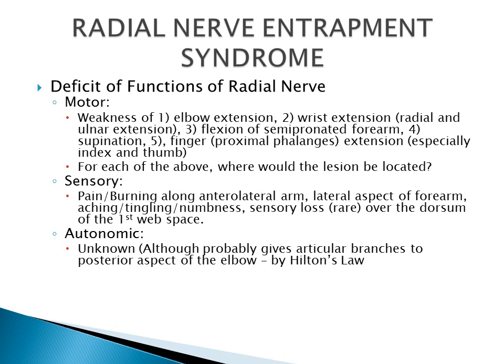So in this case, we assume that the radial nerve probably gives articular branches to the posterior aspect of the elbow, because the muscles that move the posterior aspect of the elbow, such as the supinator and such as the tricep and such as the extensor carpi radialis longus and brevis, and the extensor carpi ulnaris, and all those muscles that contribute to the movement of the elbow at the posterior aspect, those are all served by the radial nerve.